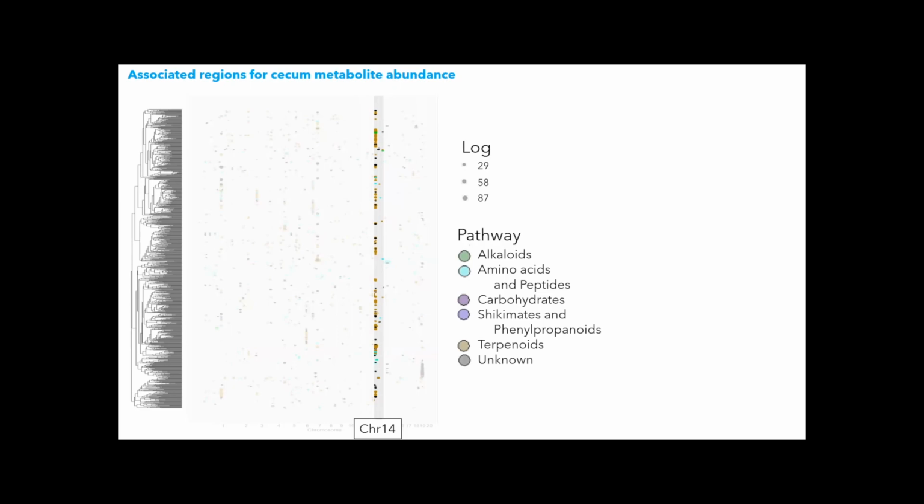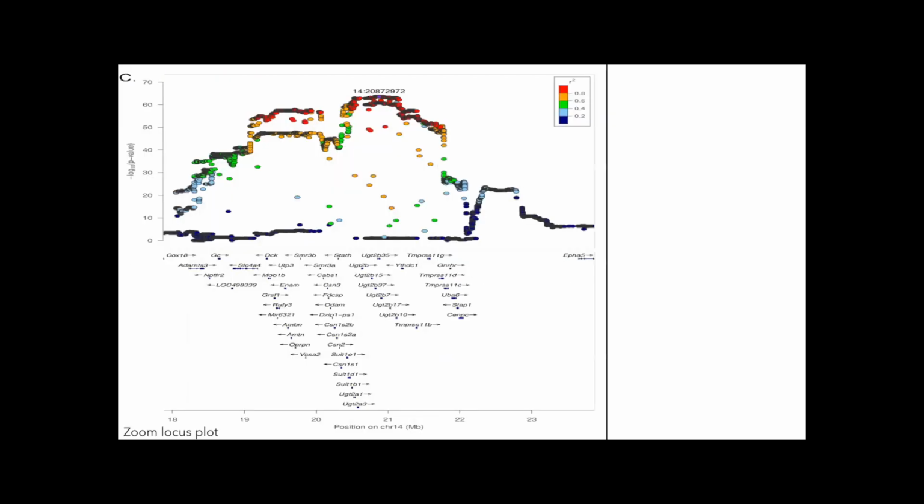The most important one was identified on chromosome 14, showing this specific trans band, and it was associated with a total of 149 metabolites. So this is specifically the most important region that we identified in this project.